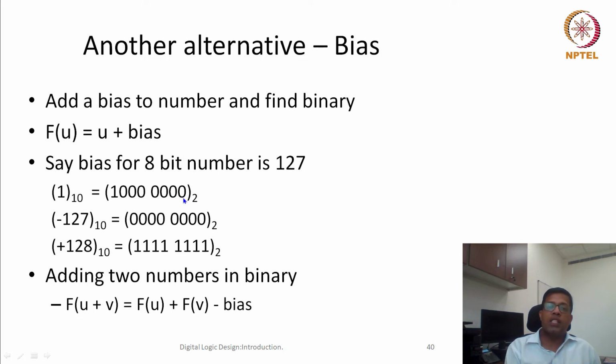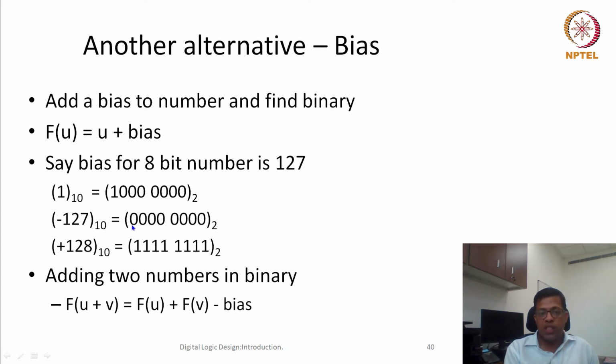Similarly, for any other number, if I want to represent it in binary, then first I need to add this offset or this bias. For example, I want to represent minus 127. First I need to add the bias. So minus 127 plus 127 will be 0.